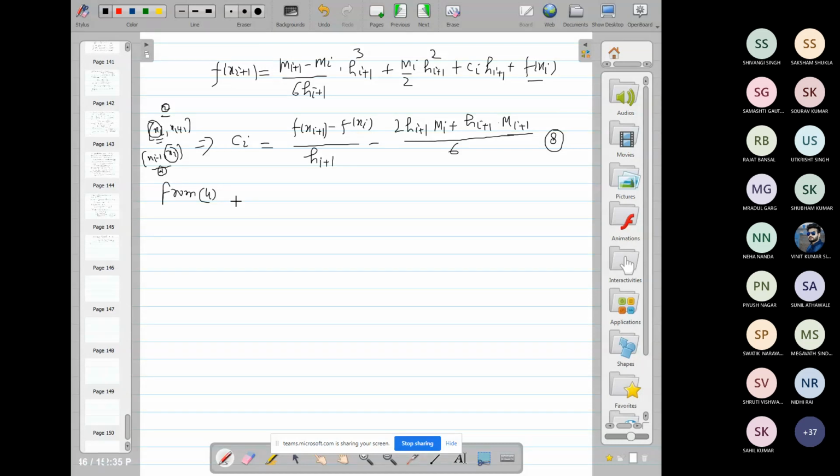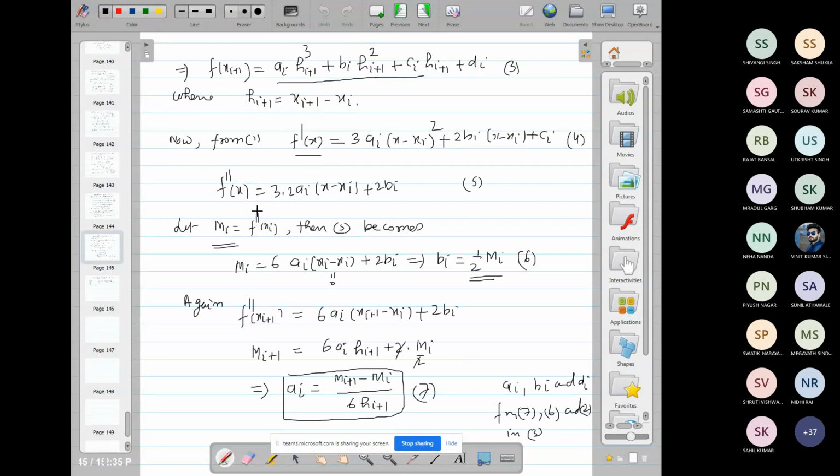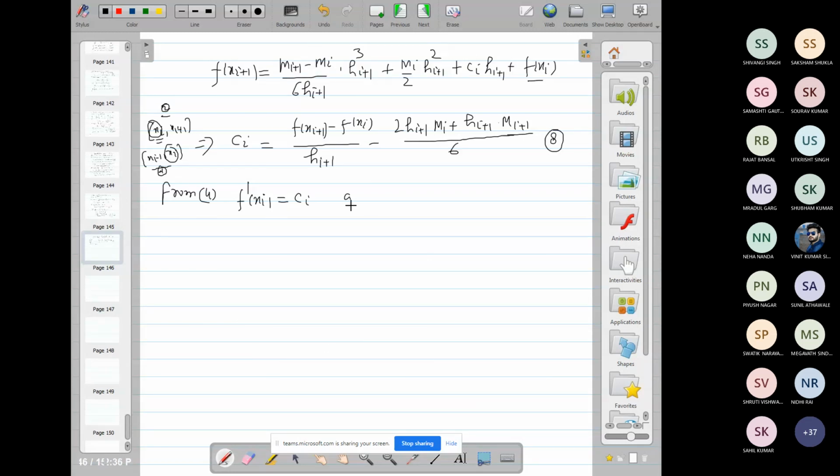So from 4 we have f dash xi is equal to this will be 0 and this will be 0, ci. Suppose this is 9. So we obtain here ci is equal to 8 given by equation 8, and ci is equal to also f dash xi, and two relations.